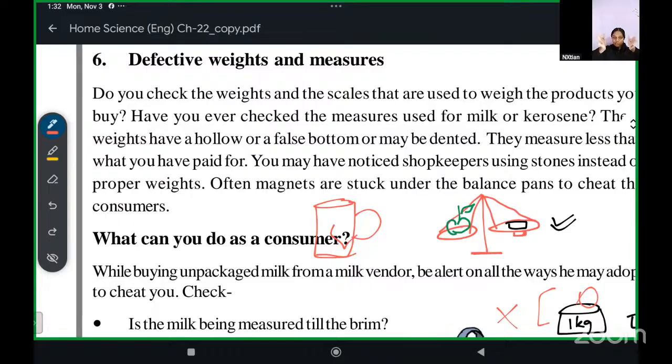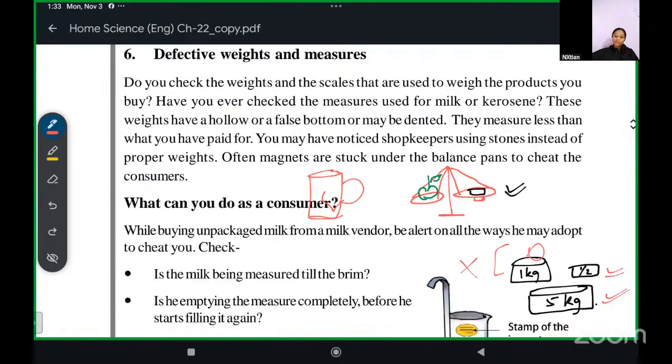It is suppressed inside, curved inwards, so it will not give you the exact quantity, but some milliliters less. This is how they treat the consumers, and they do not get the exact quantity for what they are paying.